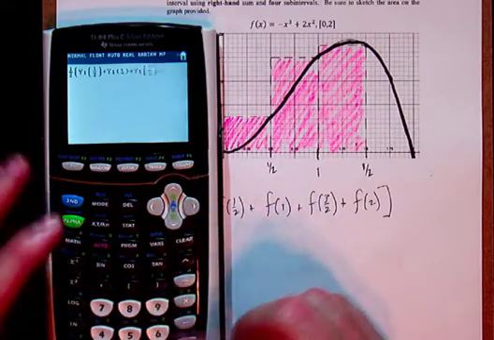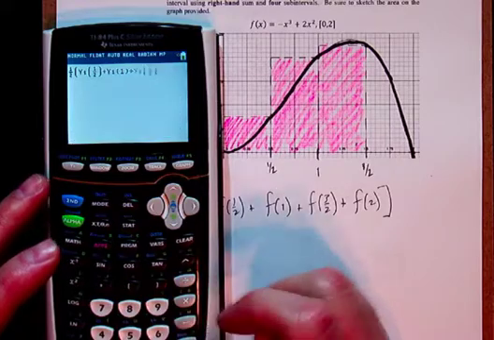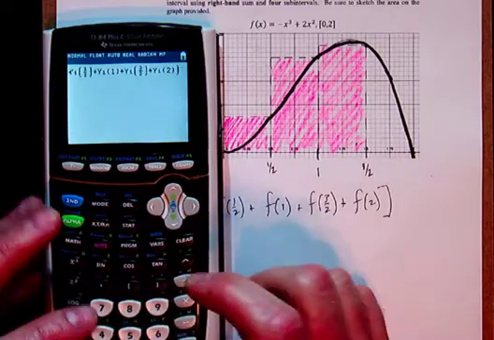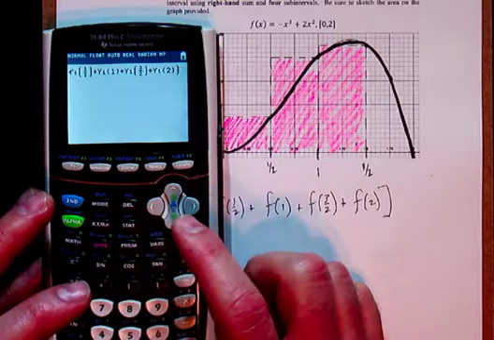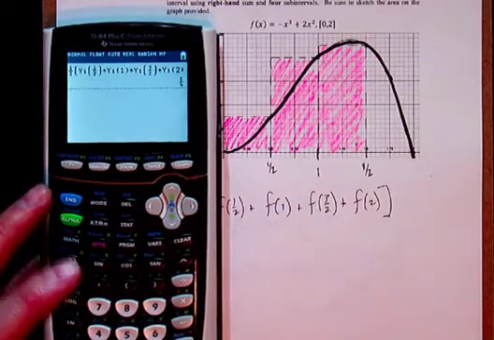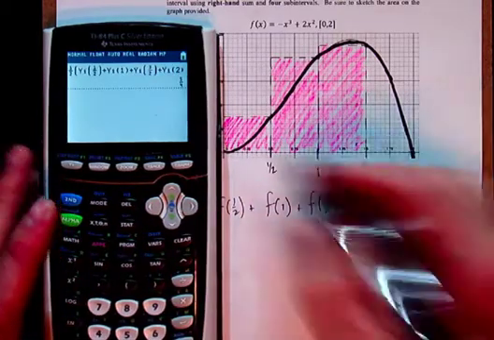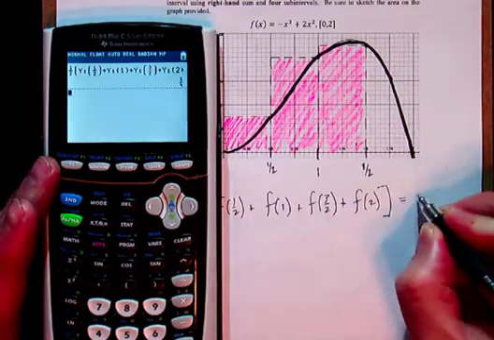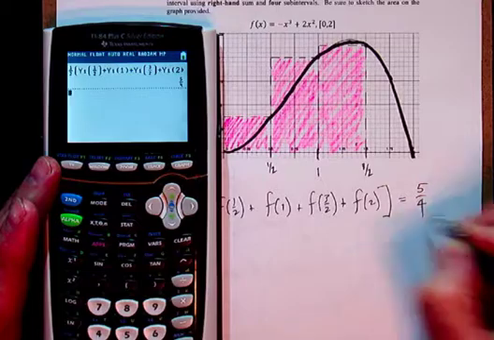And just for the sake of being exhaustive, despite the fact that I know that it's 0, let's go ahead and plug that in. And now I have all of the pieces, and I'm going to press enter, and the area approximation, the area of those 3 rectangles, is going to be 5/4.